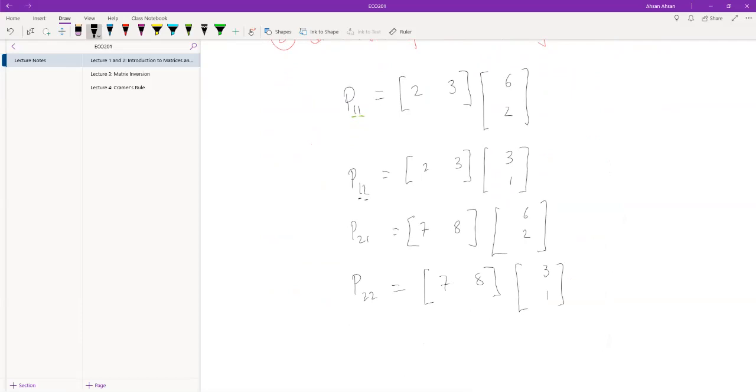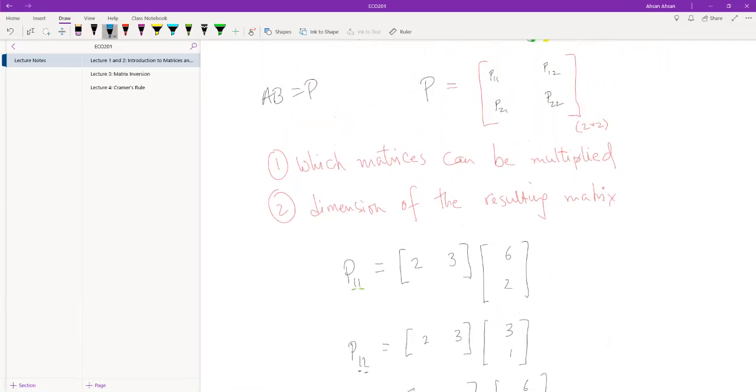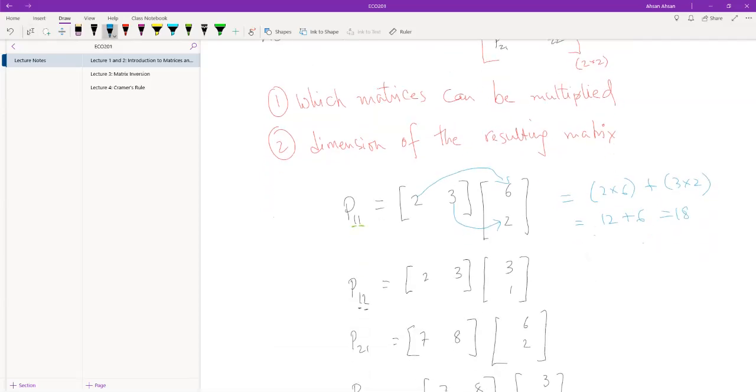Okay, so what are the answers? Straightforward. P11 is 2 times 6 plus 3 times 2. This times this plus this times this. So 12 plus 6 is 18. P12, this times this plus this times this.